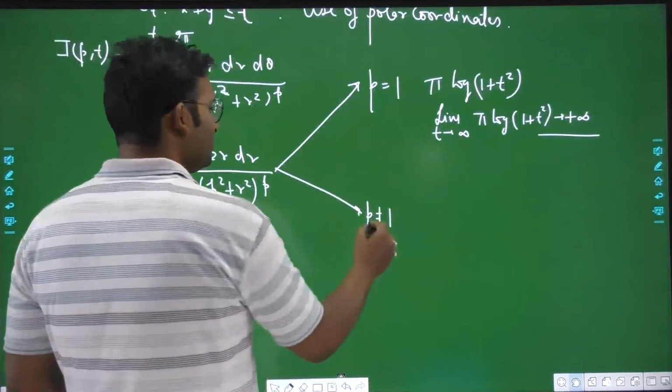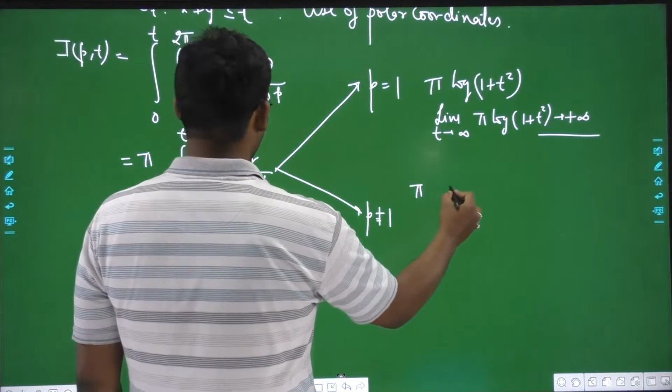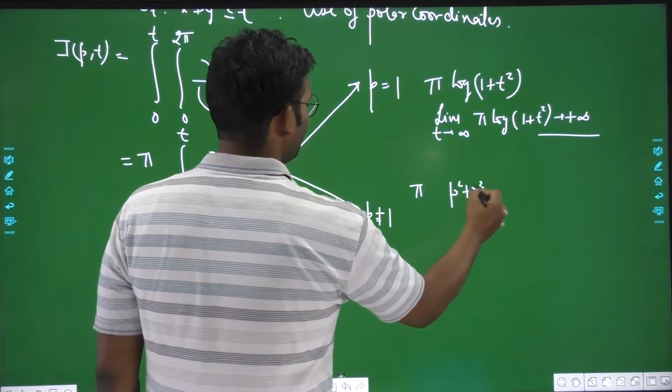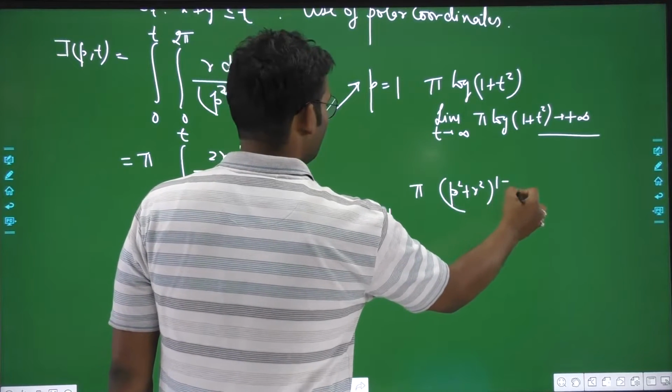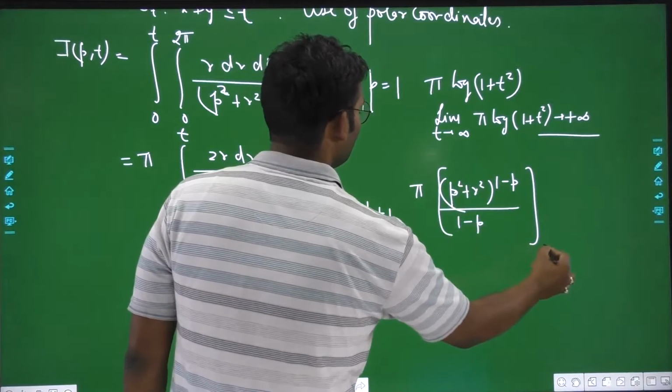Okay, what if p is not equal to 1? Now if p is not equal to 1, then your integral will be equal to pi times (p squared plus r squared) raised to power (1 minus p) divided by (1 minus p), from 0 to t.